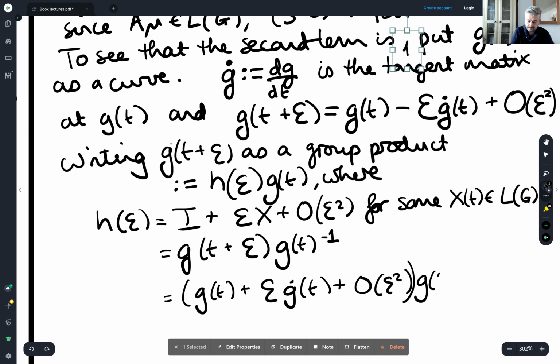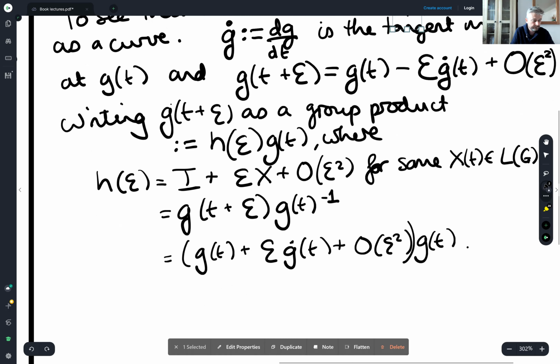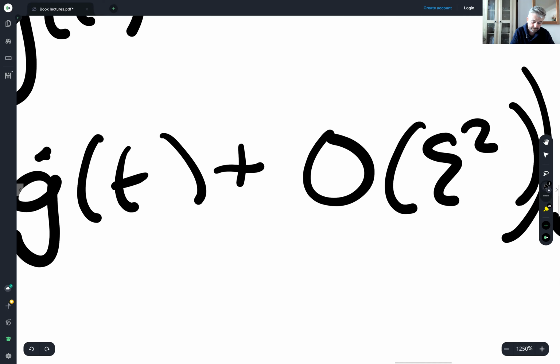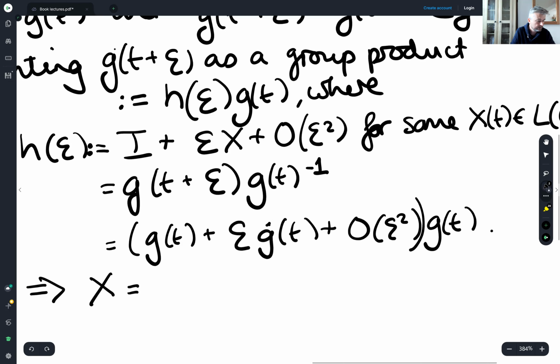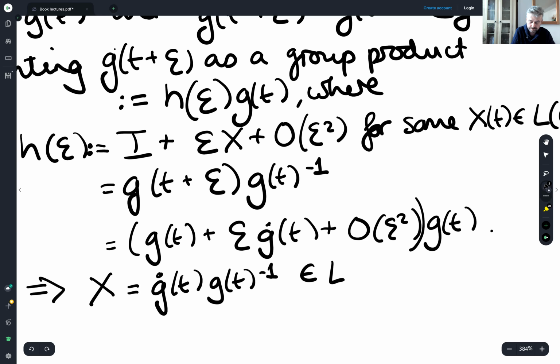This is just substituting in for g of t plus epsilon. So what this means is that x is equal to g dot of t times g of t to the minus 1, and it is in the Lie algebra.